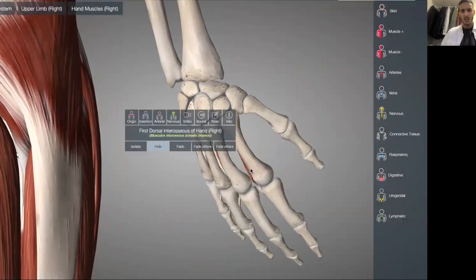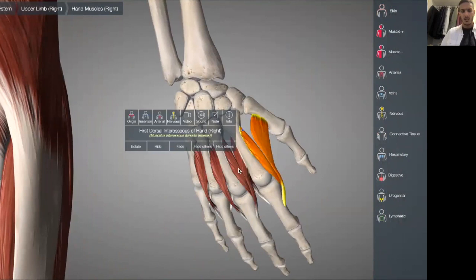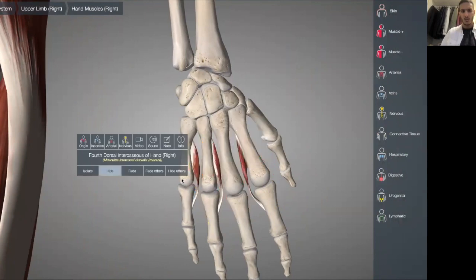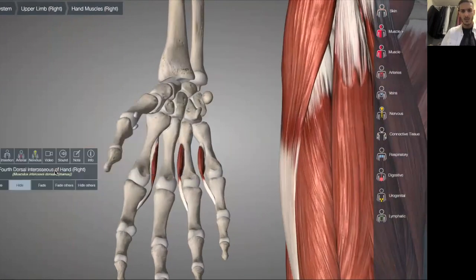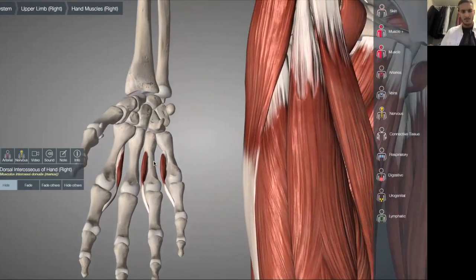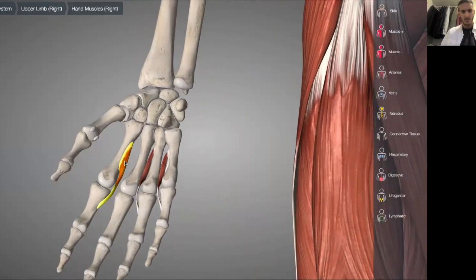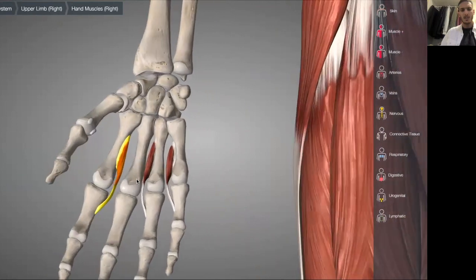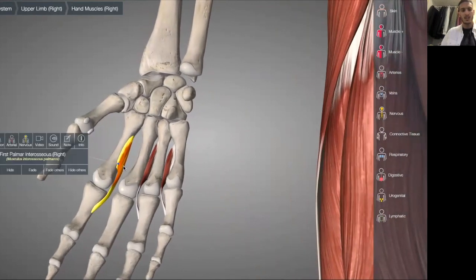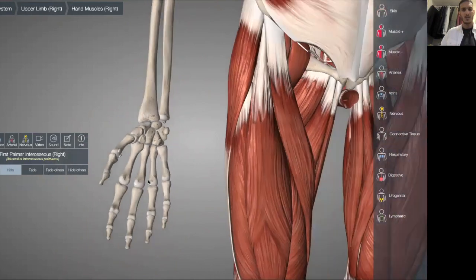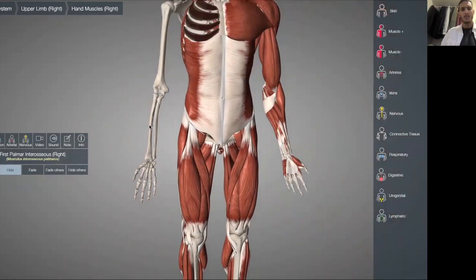First, second, third, and fourth. We hide them. The ones that I hid in the beginning were the dorsal interosseous, and these found on the palmar aspect are the palmar interosseous. And so this is the end of our upper limb muscle reading.